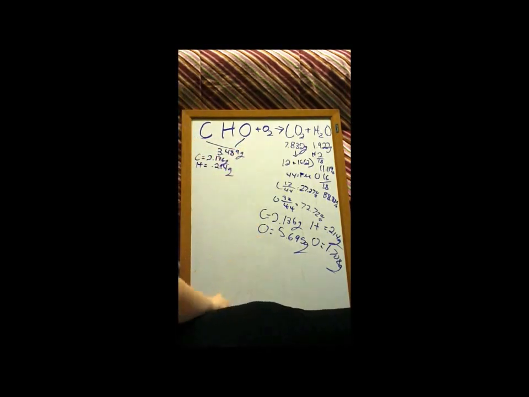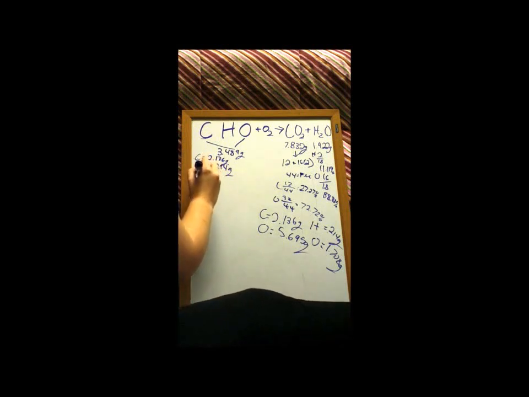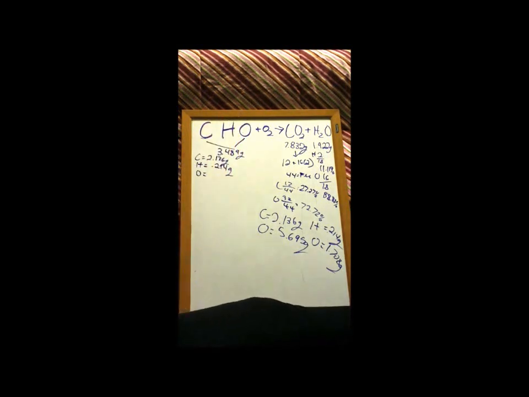And we know that we have a total of 3.489 grams for all. So we're going to add these two numbers up and subtract them from 3.489 to get the grams of the oxygen in the substance. So we'll add 2.136 plus 0.214, which is 2.35. So we'll do 3.489 minus 2.35, and we'll get 1.139.